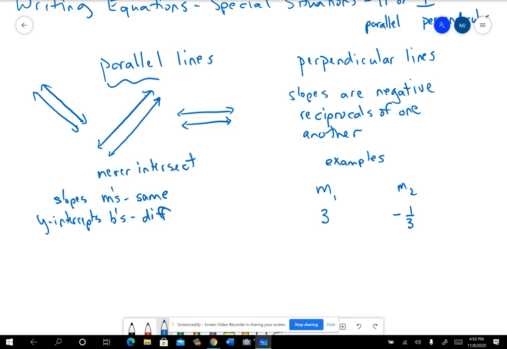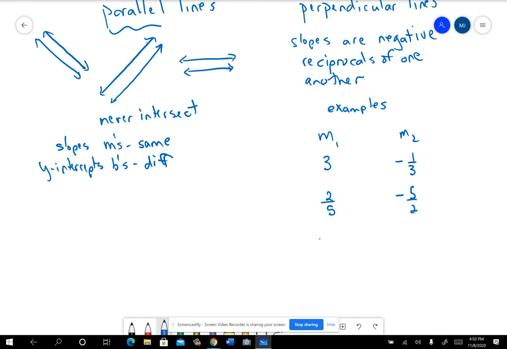Let's say the first line had a slope of 2/5. The other one would be flipped over and opposite. Now what if the first one was negative 1/4? The other one would be flipped over and opposite, so it would be positive, and you would simplify that to be 4.